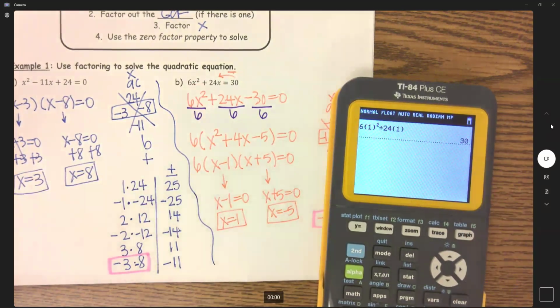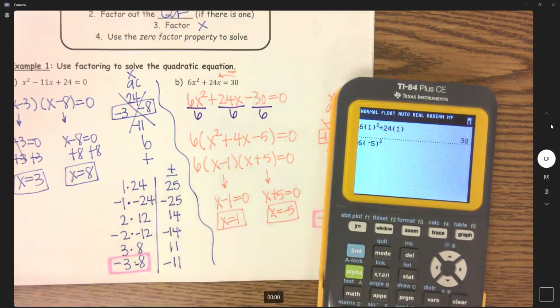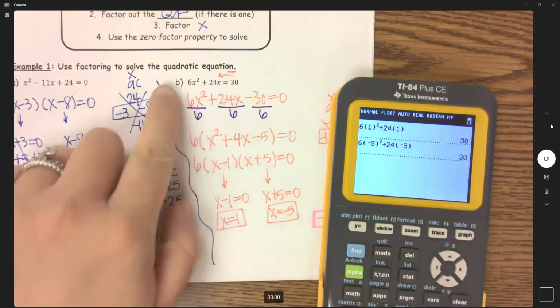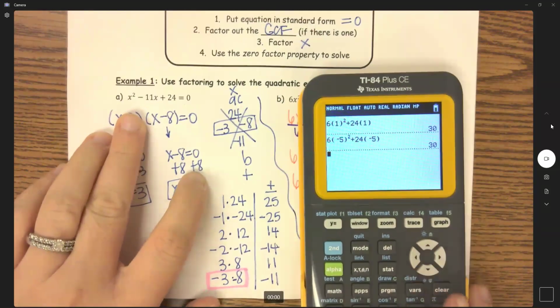Are you guys screaming through the video? Okay, and then check the next one here. We would have 6 times -5 squared plus 24 times -5, and we still get 30. So when you plug them in, the equation is true. Same thing over here.